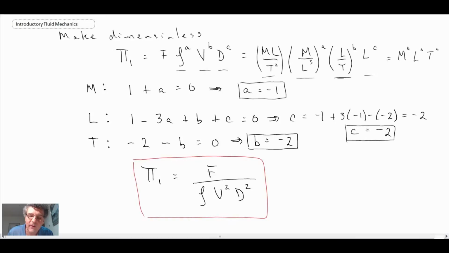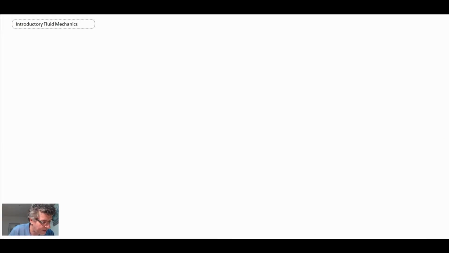So let's continue on to pi 2. What we're going to do is continue using the same base that we had here, but we're going to interchange f, and we're going to put in the dynamic viscosity in order to get pi 2. So looking at pi 2, again, I'm going to go through the process of raising these to some unknown power at this point. And our process is determining what a, b, and c is.